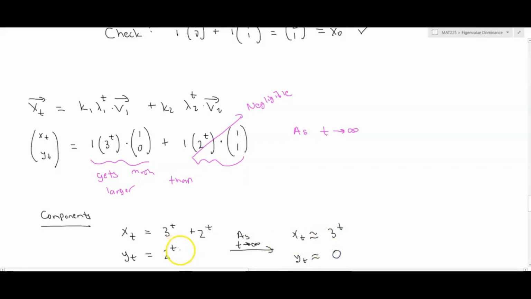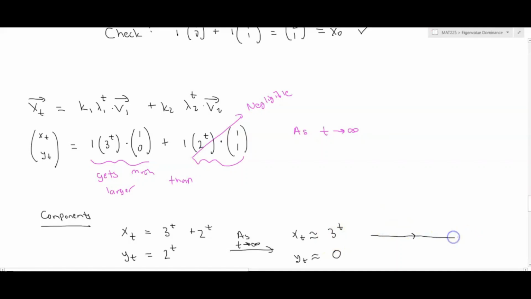I know that 2 to the t continues to get larger and larger, but the relationship between those becomes 3 to the t and 0. So if I increase t by 1 more unit, this vector is just going to get scaled in the direction of the (1, 0) vector by a factor of 3.